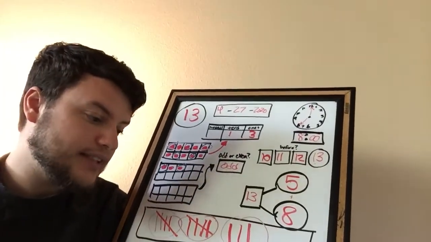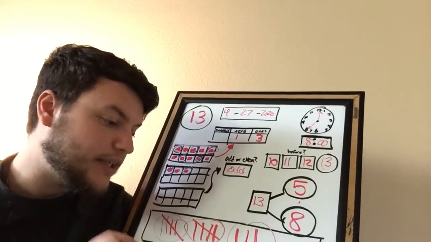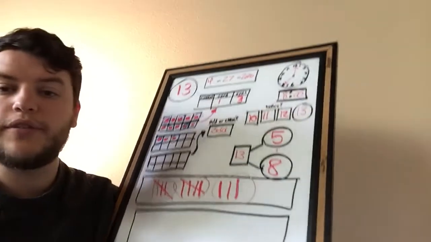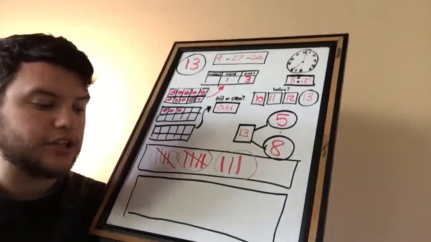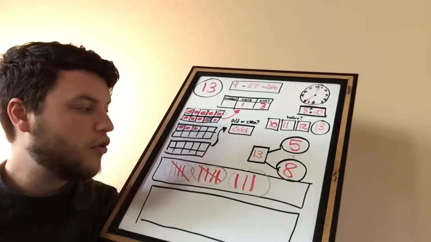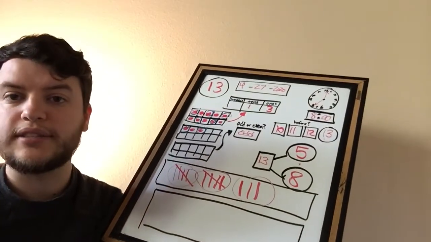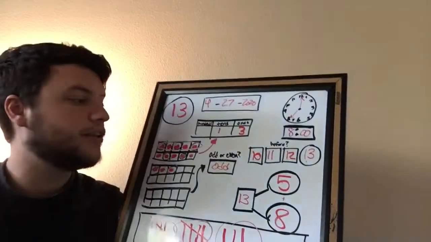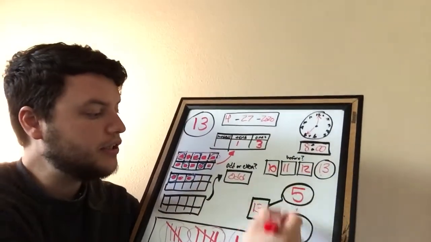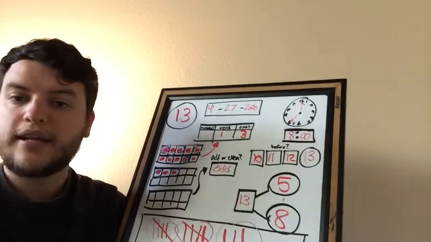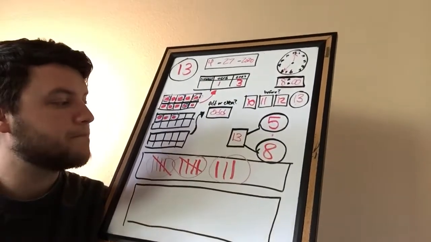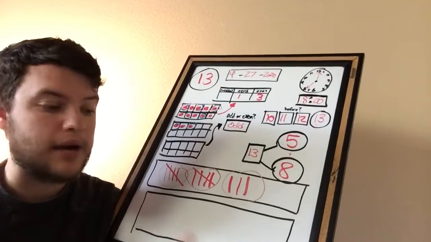The last part, it says, how many number sentences can you write for the number of the day? So on this bottom section, you get to practice writing equations, number sentences. For our number today being 13, we can use this number bond practice that we were doing to write our equations on the bottom. So I'm just going to do the two that I practiced with you.